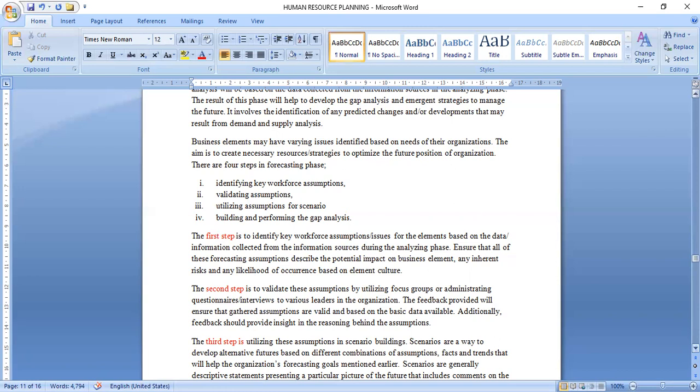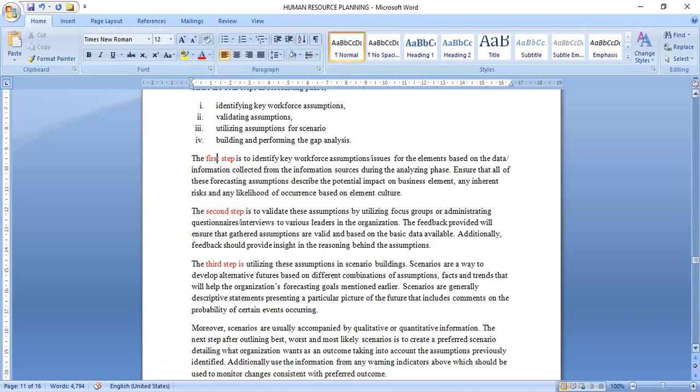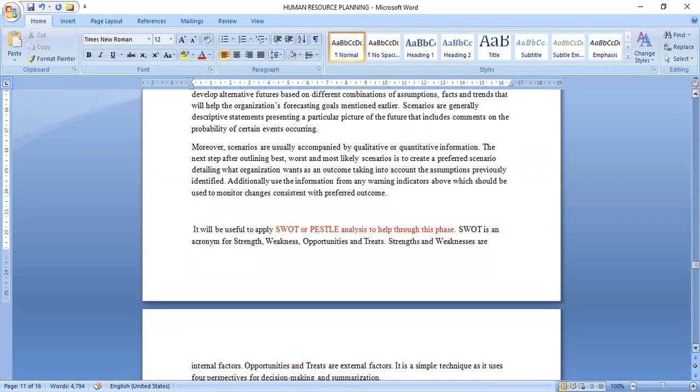And then at the end of the day, you'll be able to carry out a gap analysis whereby you've already identified that there is a need. And then the next thing will be to solve that problem by recruiting the rightful workers. So that is forecasting.